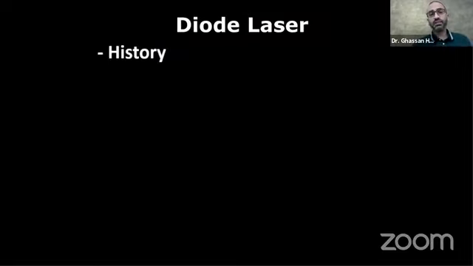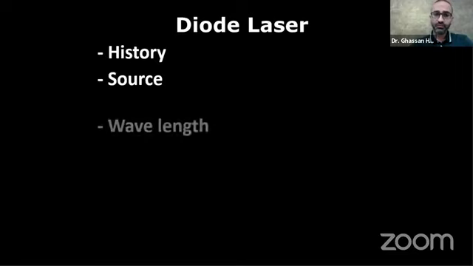Diode lasers in history: we started to use lasers in dentistry around 1989. The first diode laser in the market was maybe in 1989. It's a semiconductor material: gallium, indium, and arsenide.